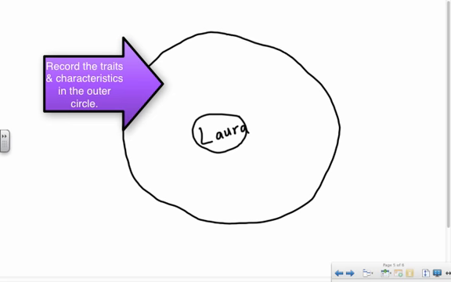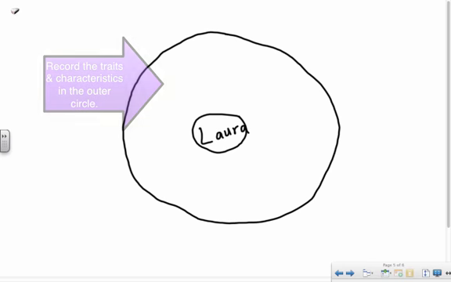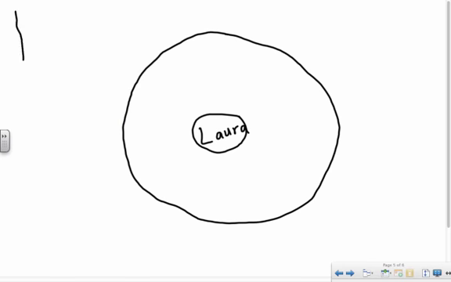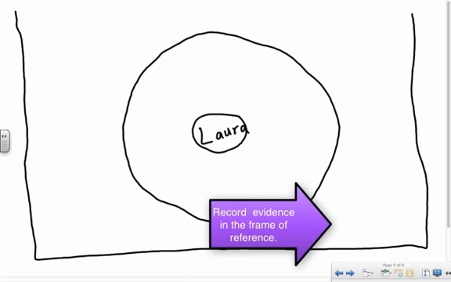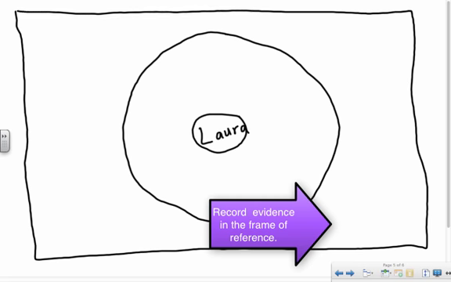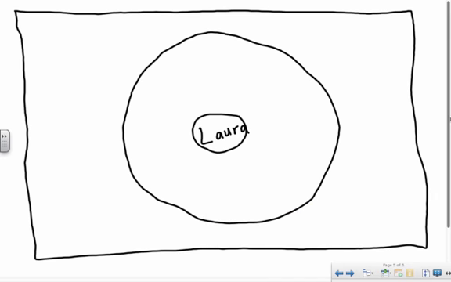You'll probably be able to make your circle maps a little bit neater than I am here drawing on the computer. Around the outside of my page, I draw in what's called a frame of reference. And in this frame of reference is where I write my evidence, the evidence from the text that I'm using to support my descriptions.